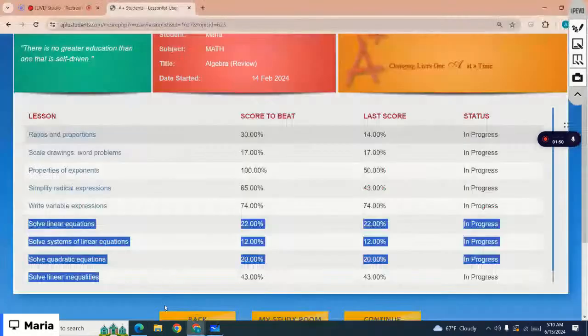Okay, here I'm on grade 10 math. Let's just start with the first lesson, that is solve linear equations.